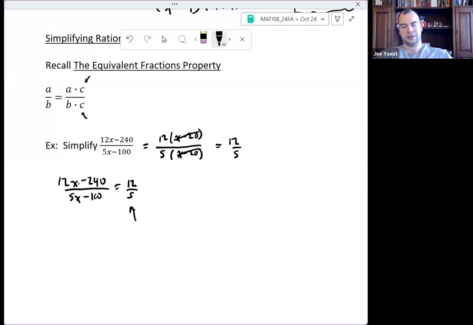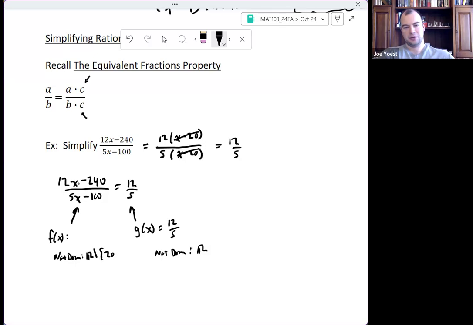On the right-hand side, if I look at, say, a function g of x equals 12/5, saying for whatever input, I just give an output of 12/5, this natural domain is all real numbers. But if I look at this rational expression on the left here, let's call this f of x, its natural domain is all real numbers except 20.